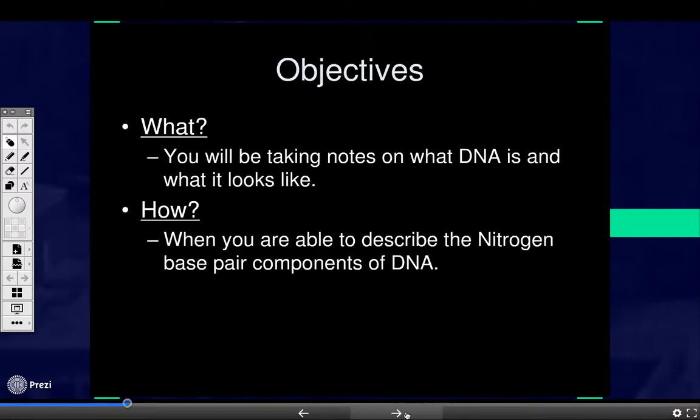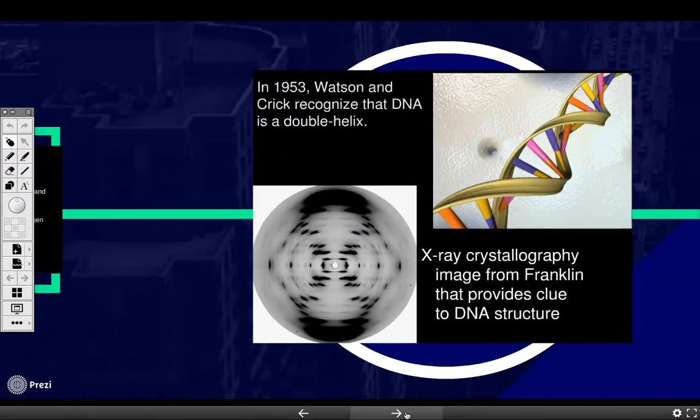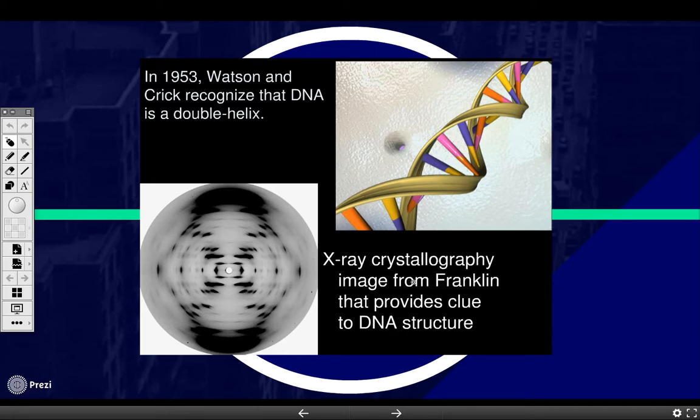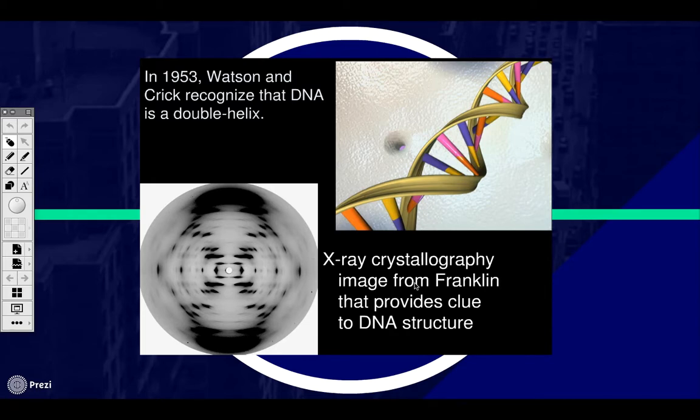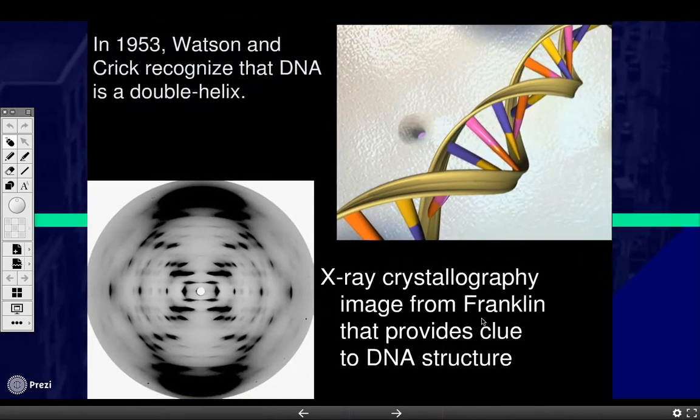Before we get started, what I really want to take a look at first is how DNA got to be discovered. We would first start off with the story of this lady named Rosalind Franklin.